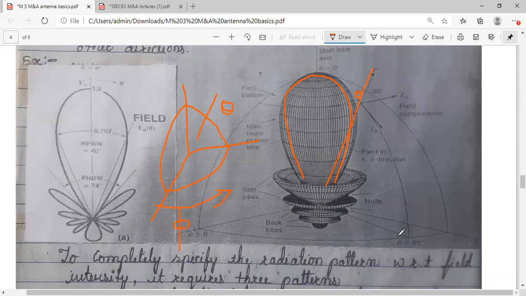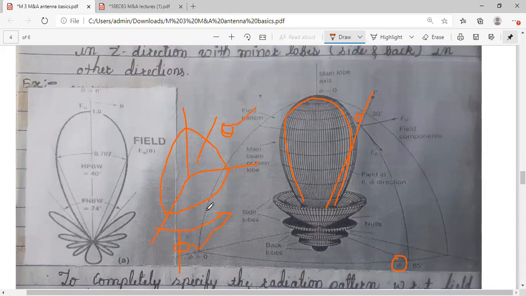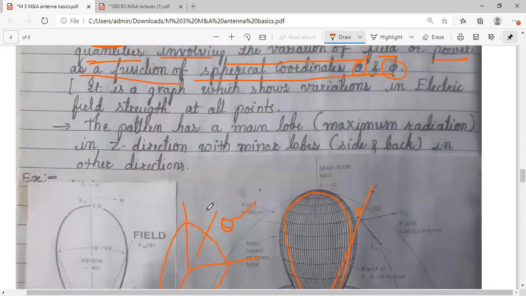Okay, hope it is visible to you. We will be checking the variations of field or variations of power of an antenna as a function of theta and phi. Those spherical coordinates, in terms of those, we will be checking the variation.